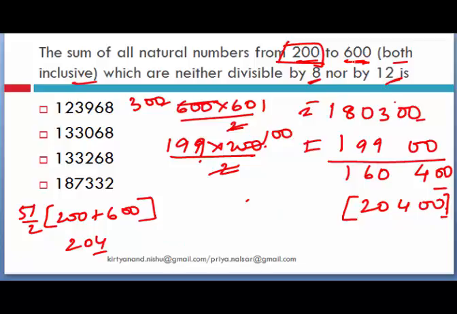See, 600, I don't need to check because 600 is completely divisible by 12 here. So this also tells us that 600 is one of those numbers which is divisible by both 8 and 12. Okay, so to find the total number of numbers divisible by 12 between 200 and 600, it's like an arithmetic progression. So I'm using this formula very quickly.